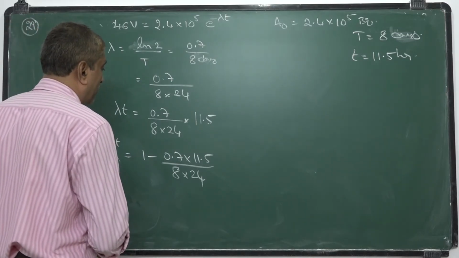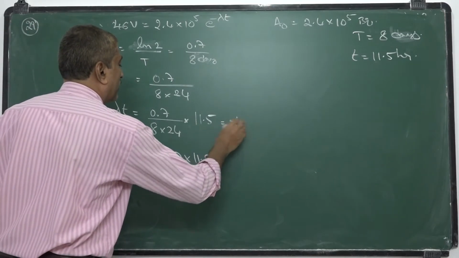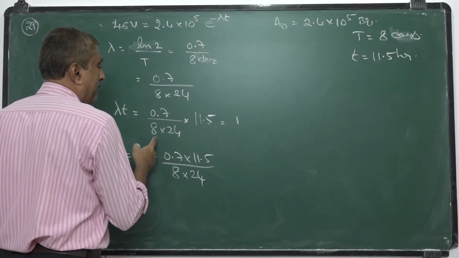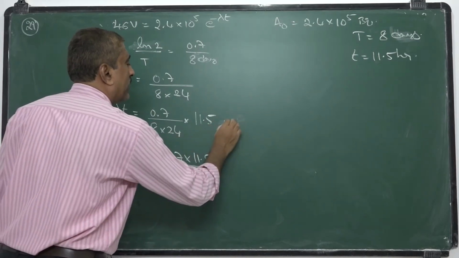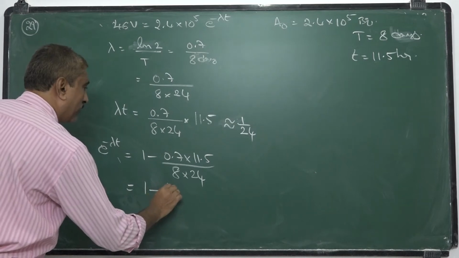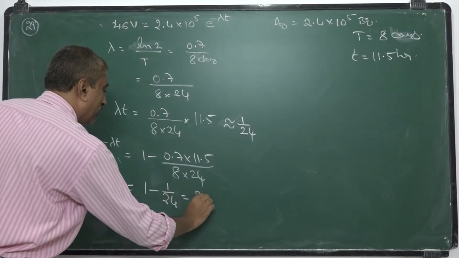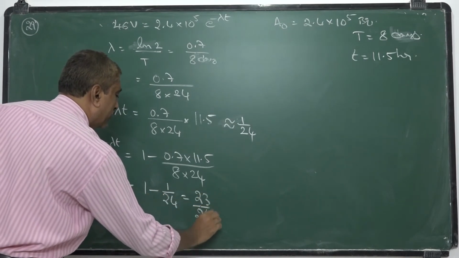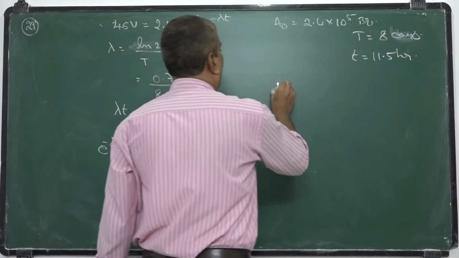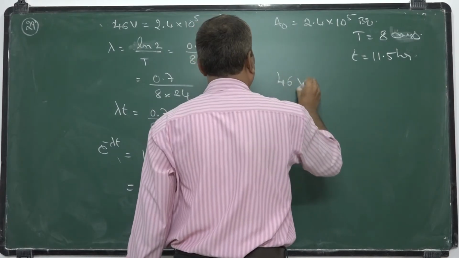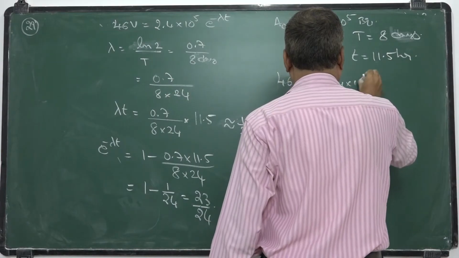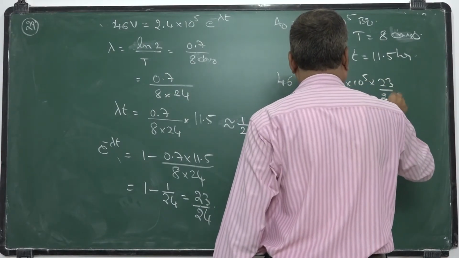If we calculate it, this is approximately equal to 1 by 24. So we can directly write it as 1 minus 1 by 24, that is 23 by 24. Now substitute here. So 46 V is equal to 2.4 into 10 to the power 5 into 23 by 24.